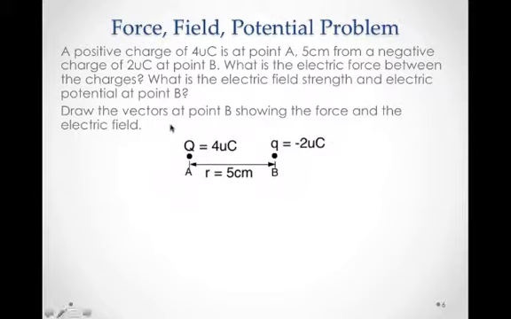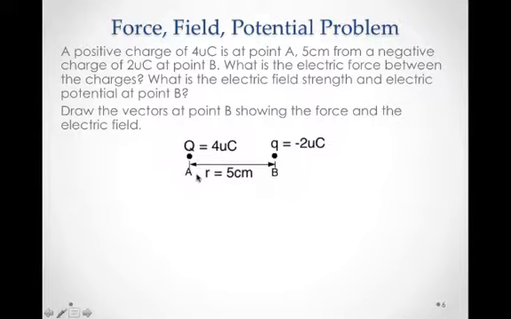All right, we have two charges here. We have a 4 microcoulomb charge right here at point A, and we have a negative 2 microcoulomb charge here at point B, and they're 5 centimeters apart. Our job is to find the electric force between those charges, the electric field strength, and also the electric potential at point B. We're going to start off by finding the forces.